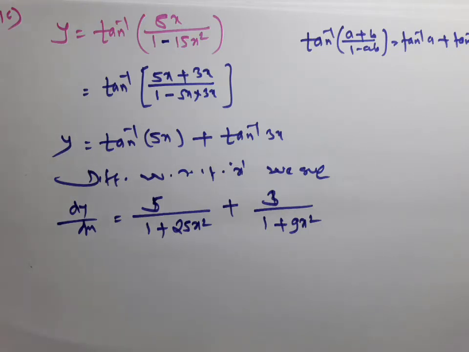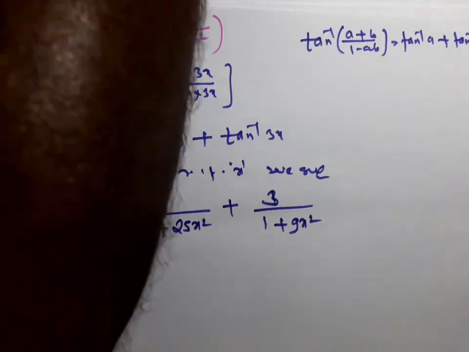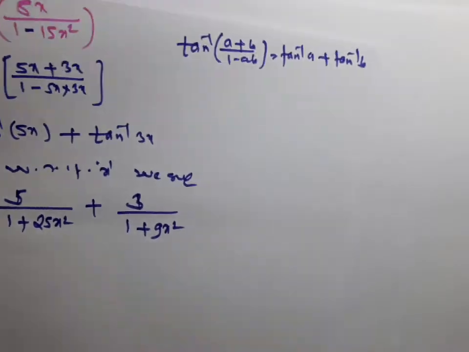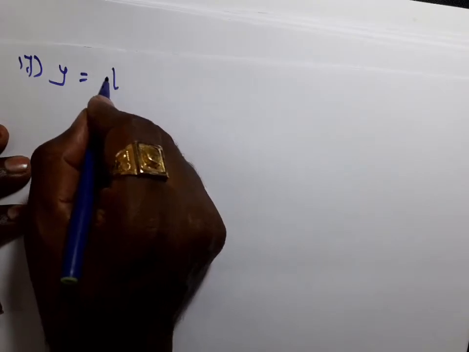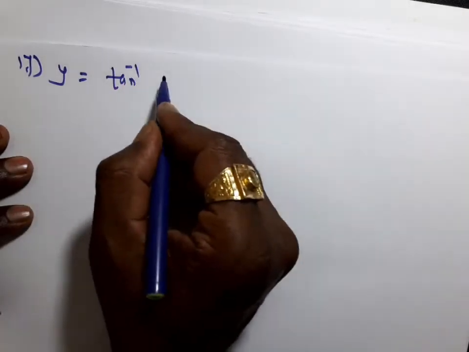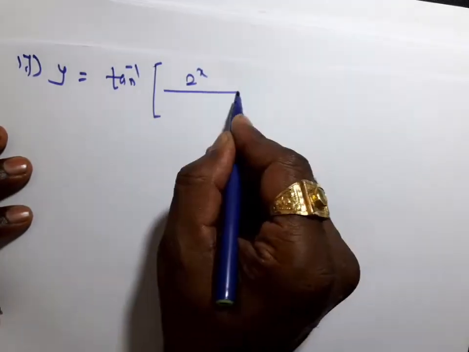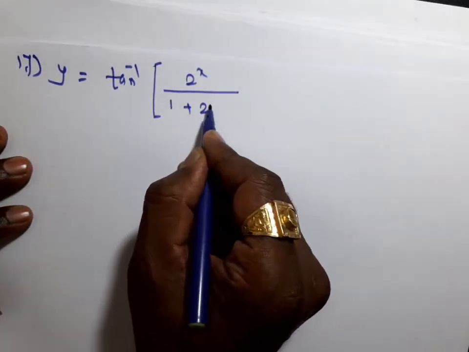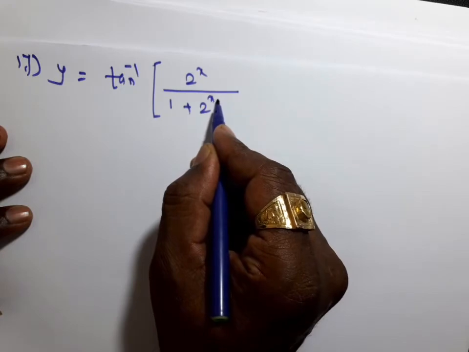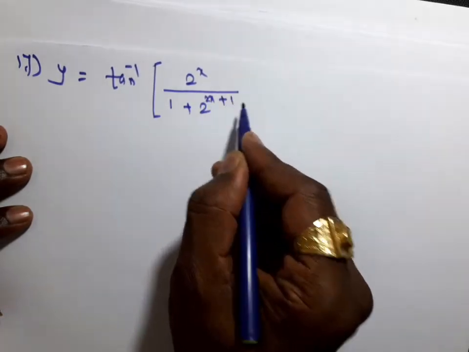Now next example, number 17. y is equal to tan inverse of 2 raised to x upon 1 plus 2 raised to 2x plus 1.